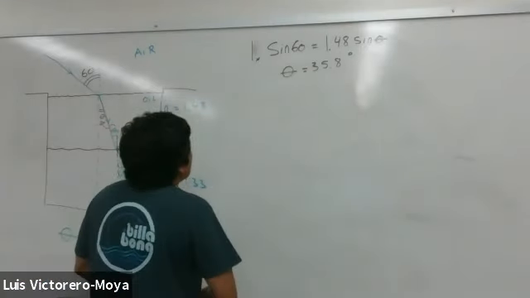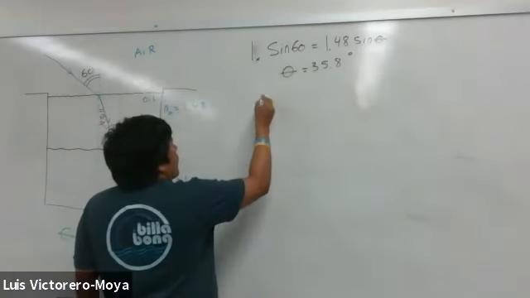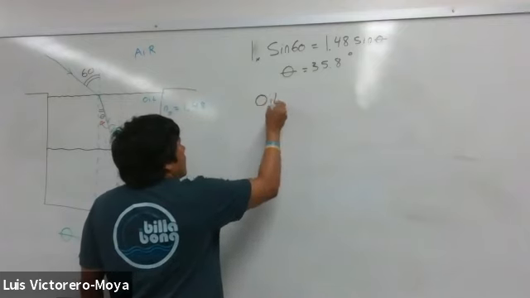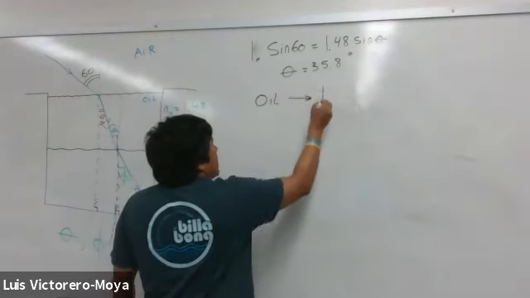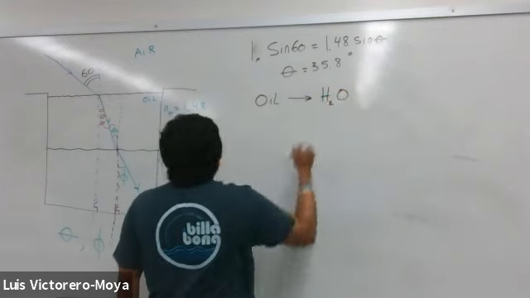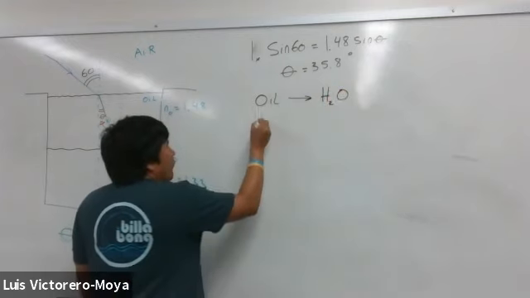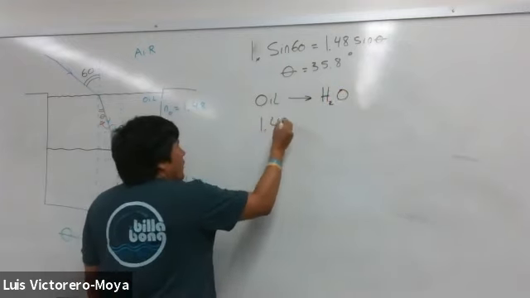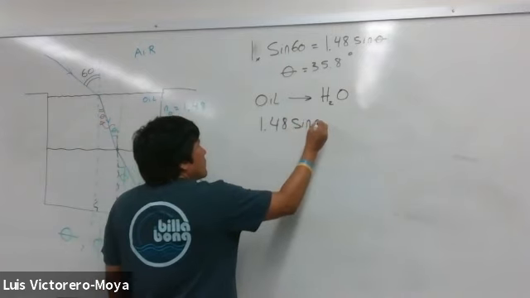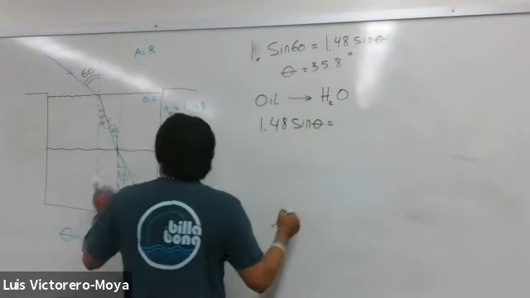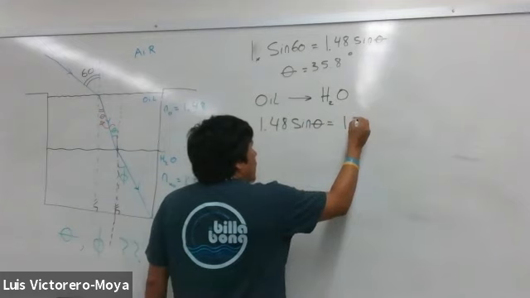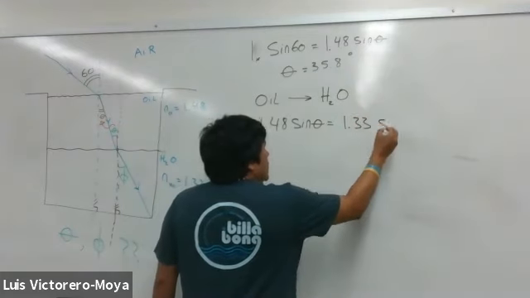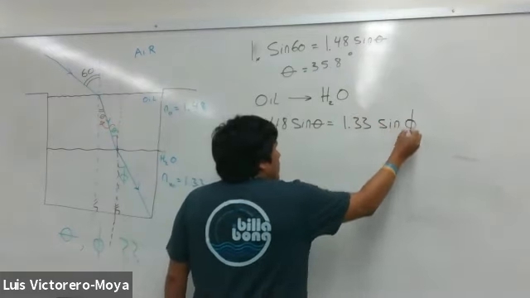So now, from oil to water, you are inside oil, 1.48 sine of 35.8 equals to now 1.33 sine of phi. That's the angle.